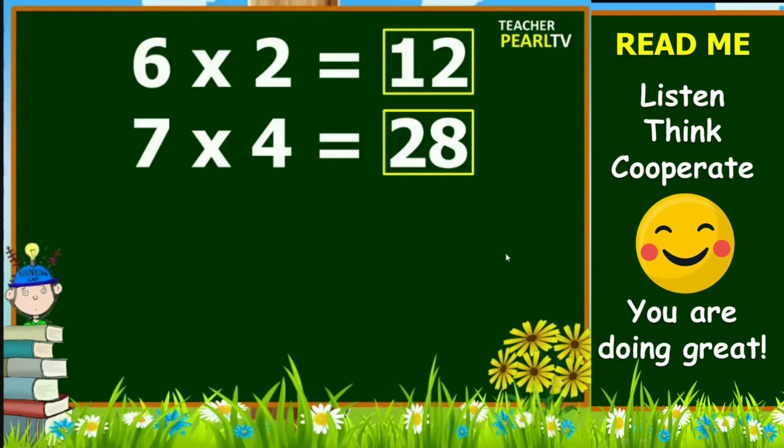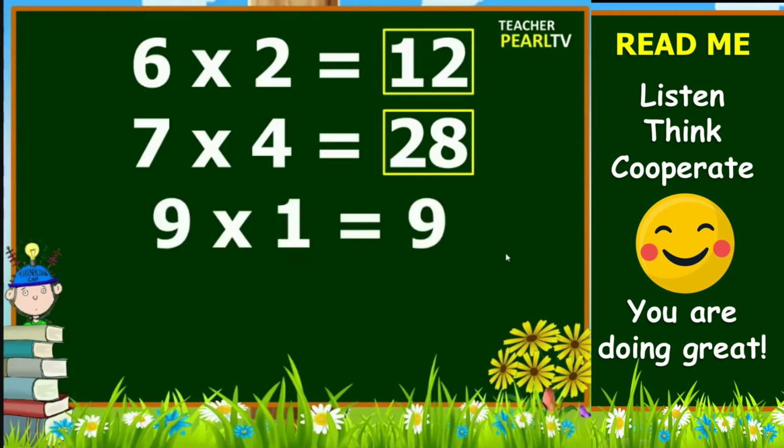Let's have some more example. 9 times 1 equals 9. The multiple in this sentence is 9. Correct. 9 is a multiple of 9 and 1.